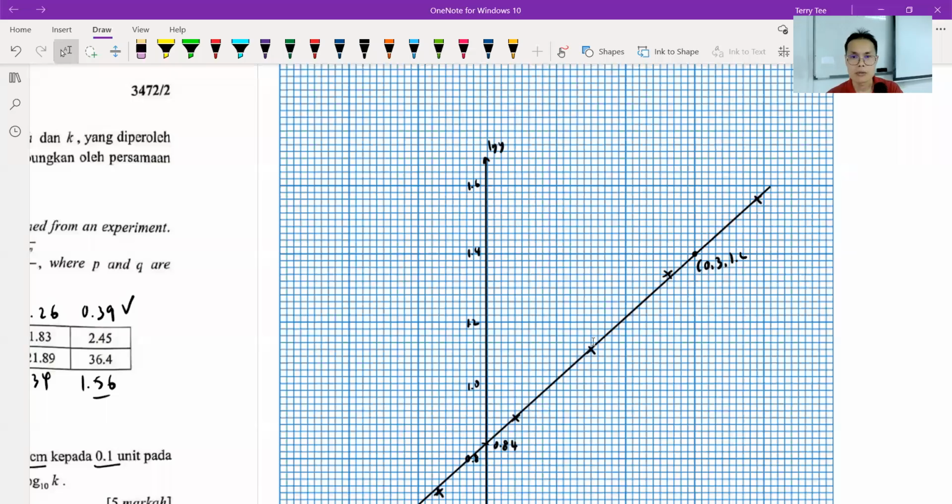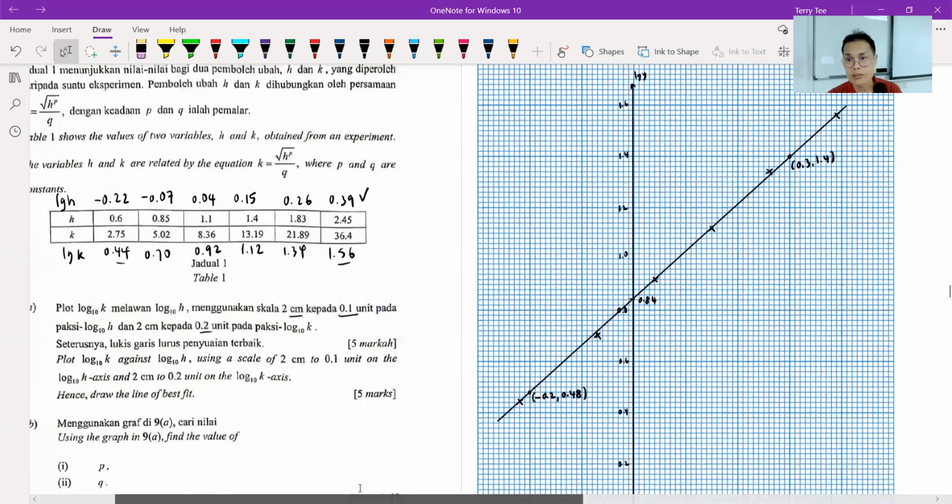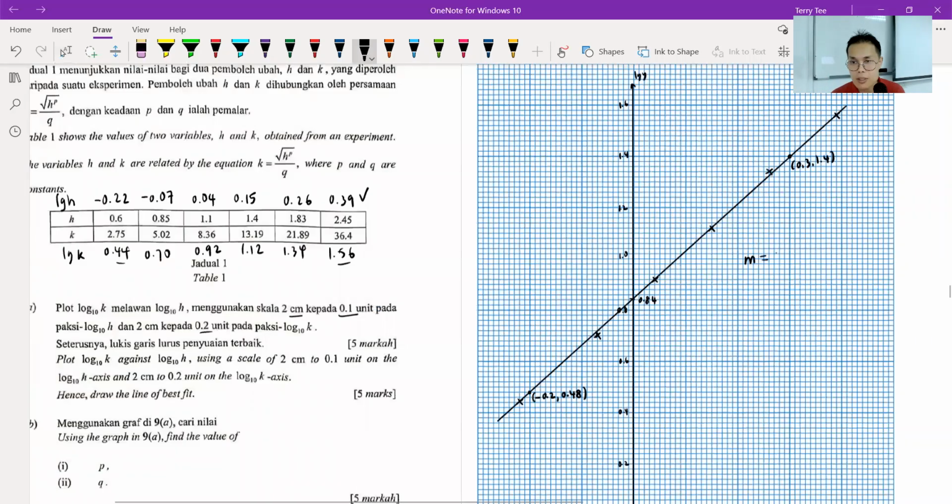The reason why I pick these 2 points is that I want a horizontal distance of 0.5, so that when you calculate the gradient, my gradient is 1.4 minus 0.48 divided by 0.3 minus negative 0.2. When you divide, you get a nice number.